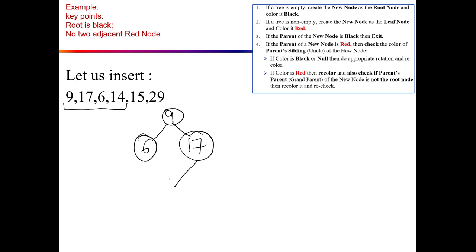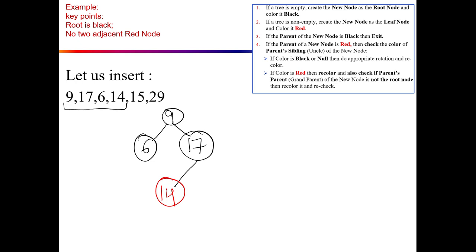So this was the configuration which we obtained till the insertion of node 14. And for reference purposes, all the rules for insertion are already mentioned on the top right side.